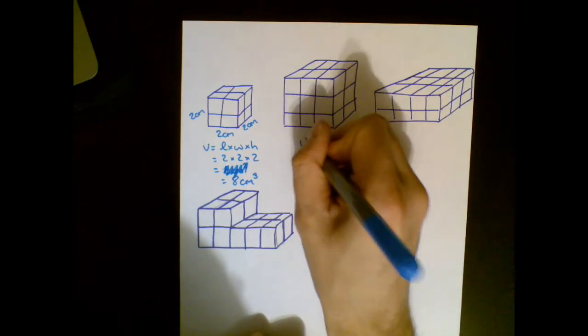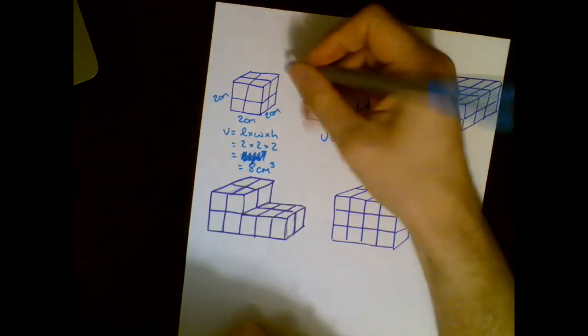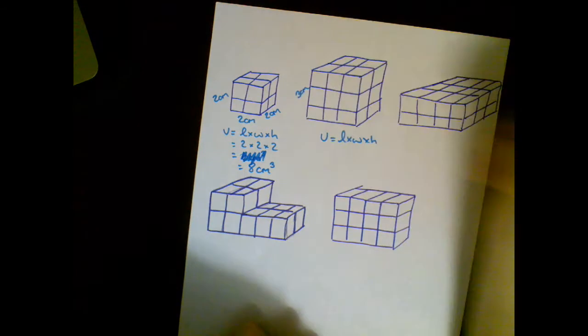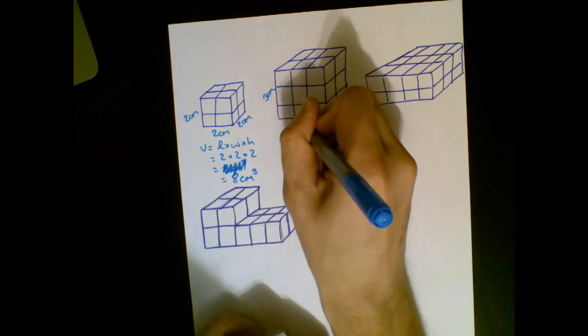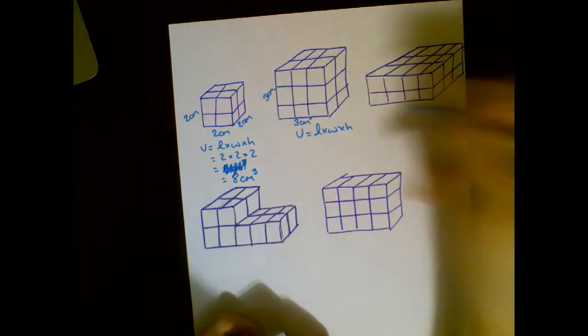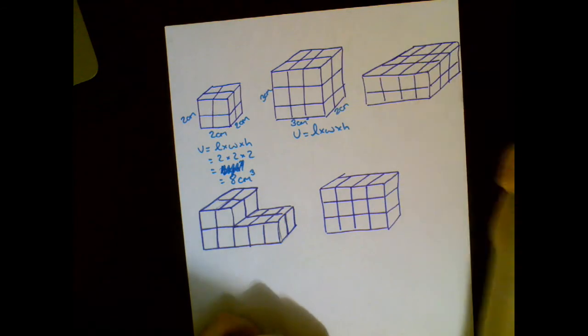Next one, same thing, length times width times height. So we got our height here. This is going to be 3 blocks. Our width here is going to be 3 blocks. And our depth here, our width is 2 blocks.